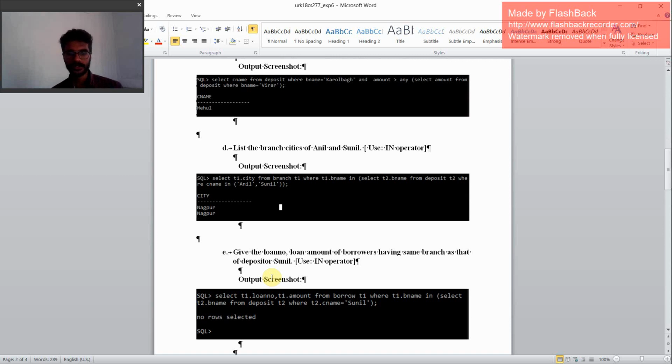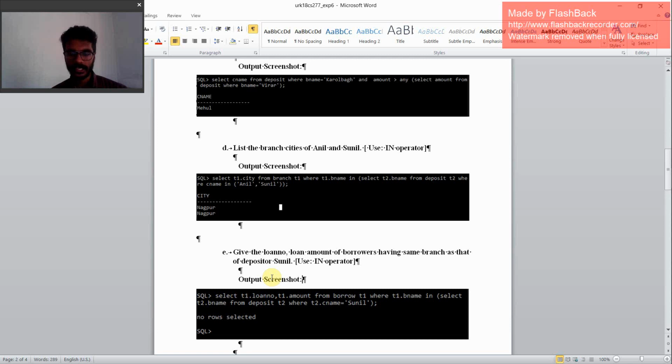The fifth question is to give the loan number and loan amount of borrowers having the same branch as that of depositor Sunil. Here you choose T1 loan number and T1 amount from borrower T1 where T1.B name in, using the IN operator, select T2 branch name from deposit T2 where T2.C name is equal to Sunil.